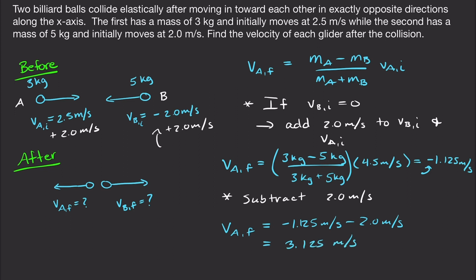There are other ways you could solve this problem, but this is a really convenient way that we get to use these equations that we've already derived by just shifting our velocity such that it looks like object B is starting at rest.